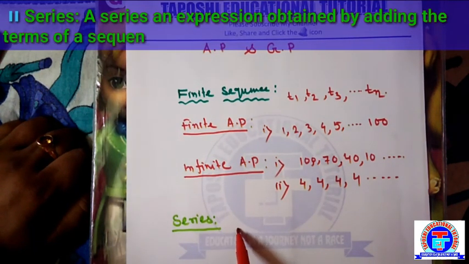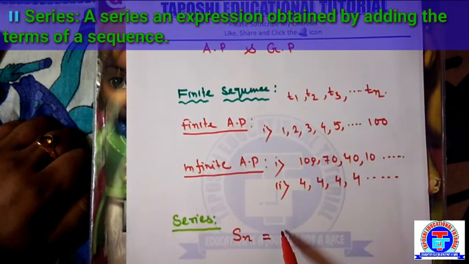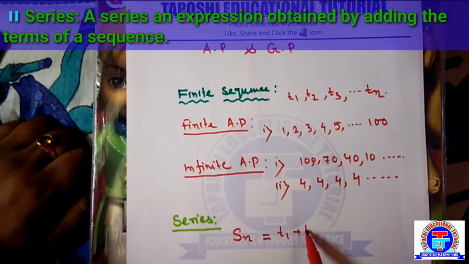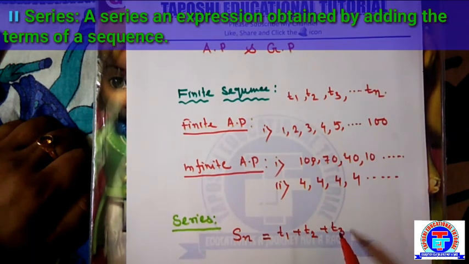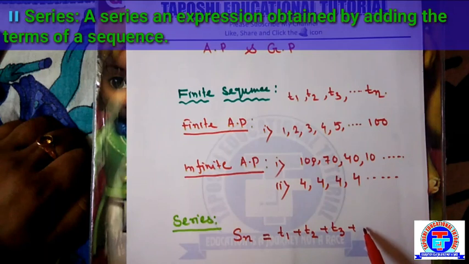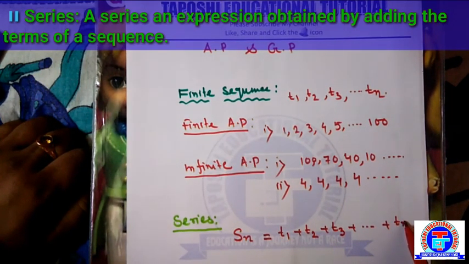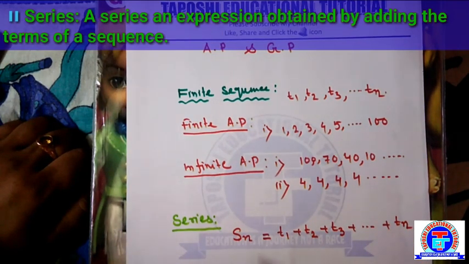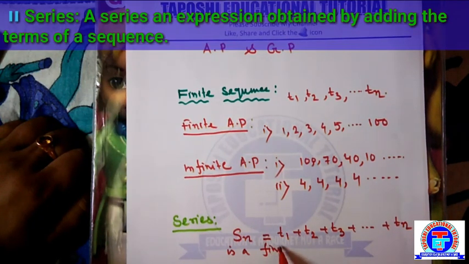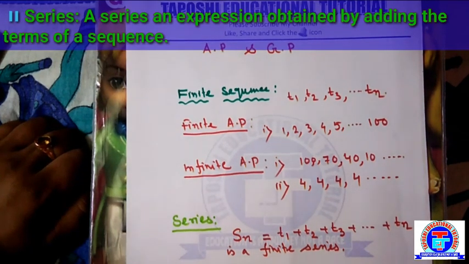Suppose the series of nth term, we can write here t1 plus t2 plus t3 plus ... plus tn is a finite series. Right, student?